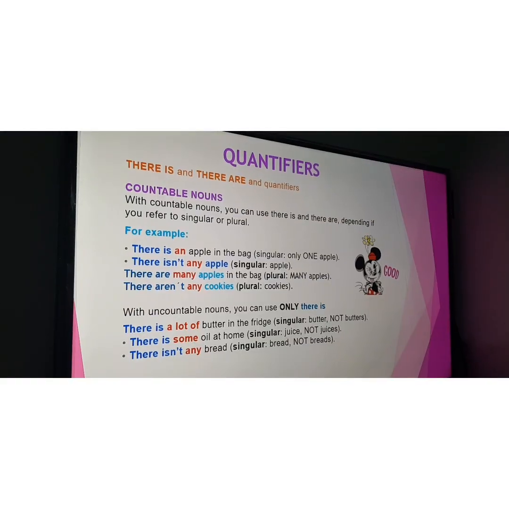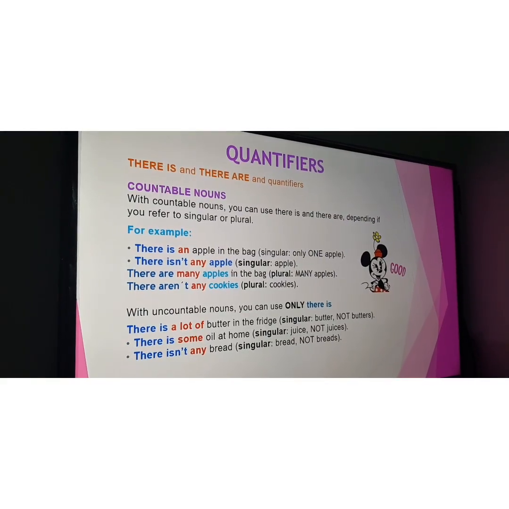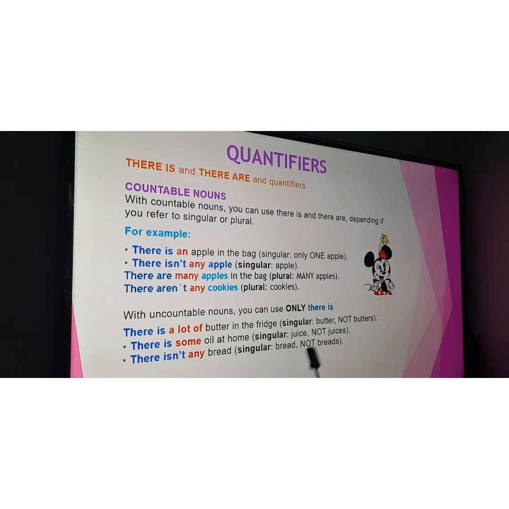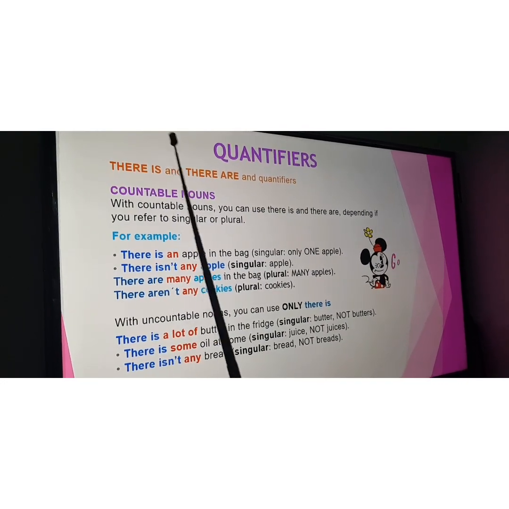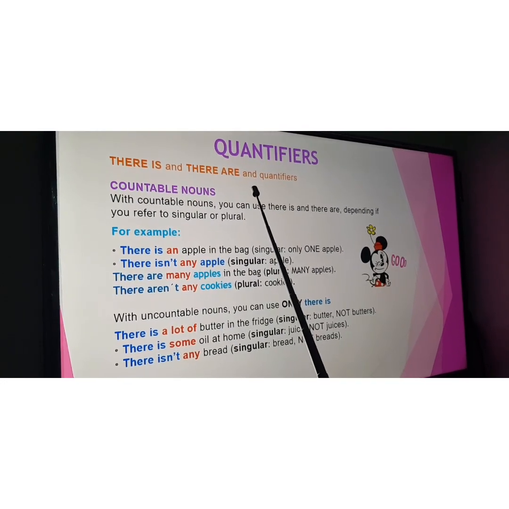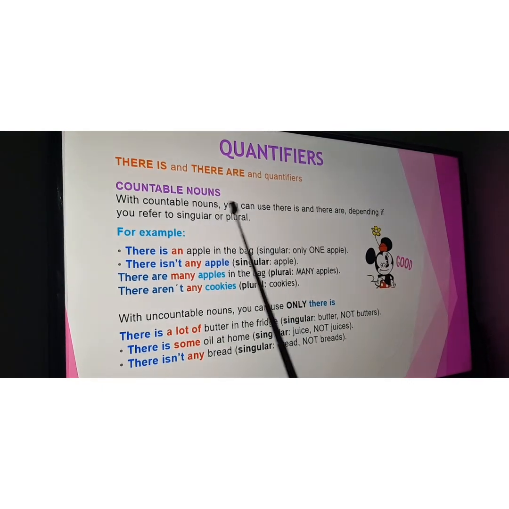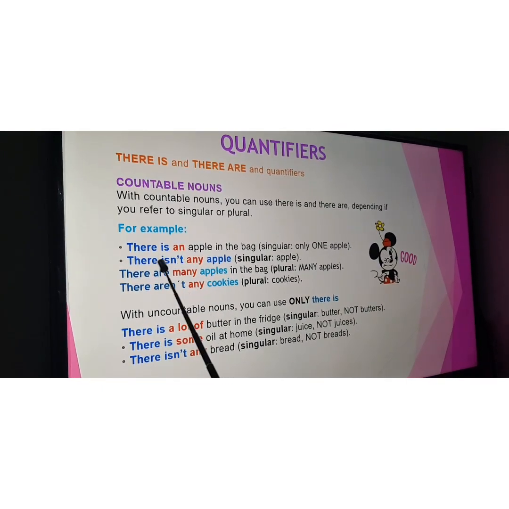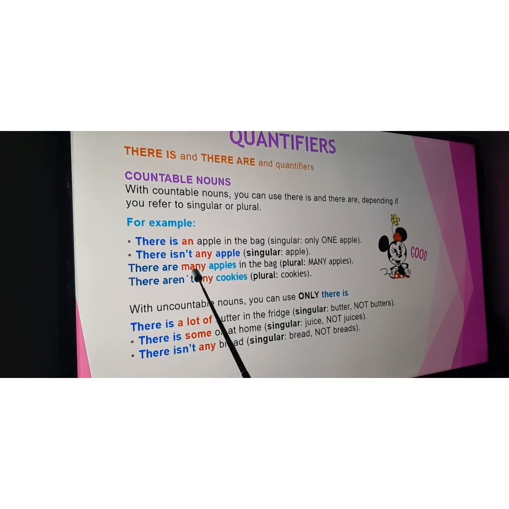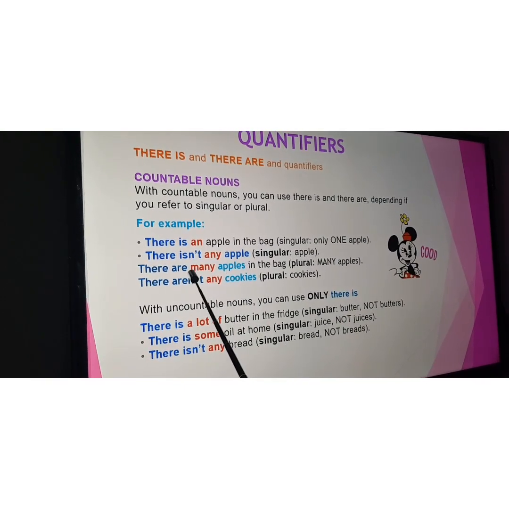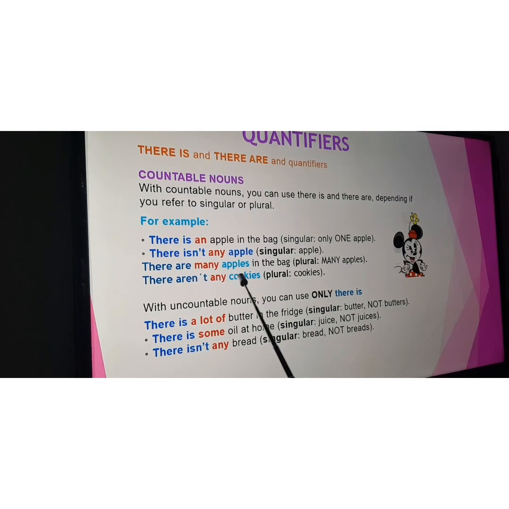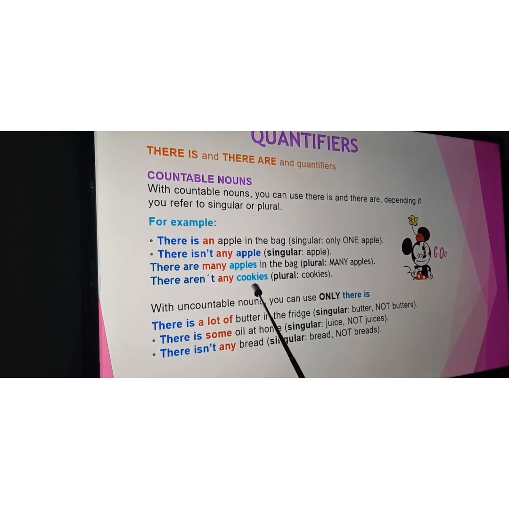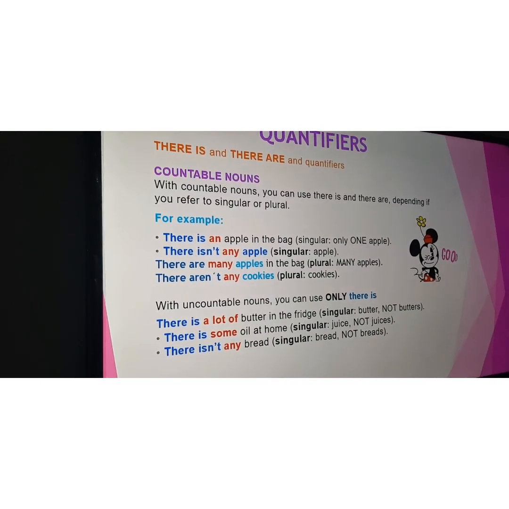Quantifiers. Okay, students, to start our topic, it's very important that we remember what is the use of there is and there are with countable nouns and uncountable nouns. With countable nouns, we can use there is and there isn't for the negative, there are for the plural nouns, and there aren't in the negative but with plural nouns.